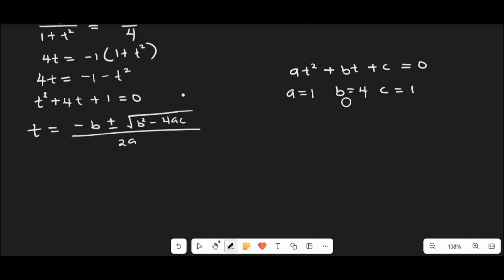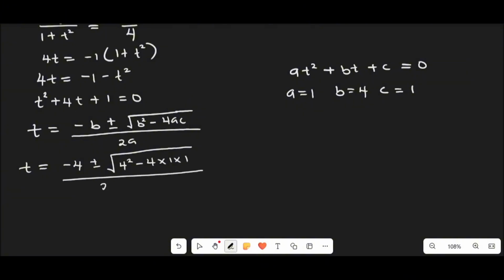Let us substitute our values into this equation. T equal to minus 4 plus or minus root 4 square minus 4 multiplied by 1 multiplied by 1 over 2 multiplied by 1.